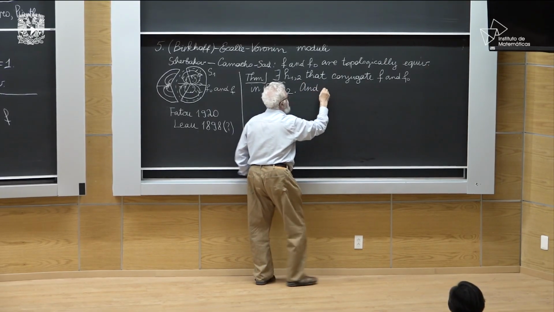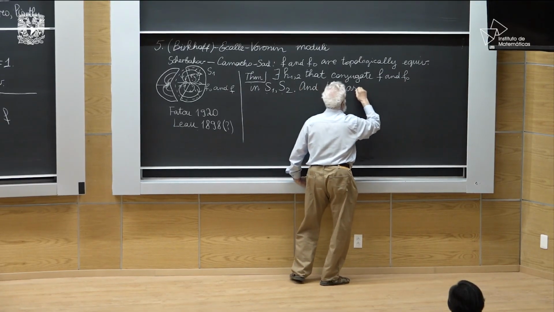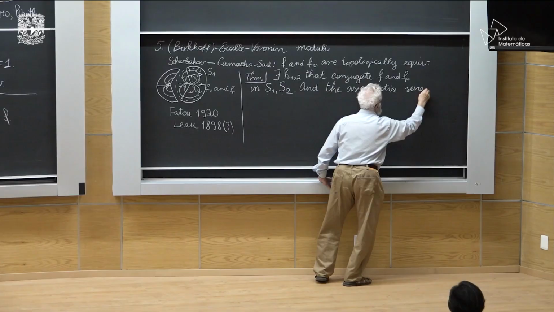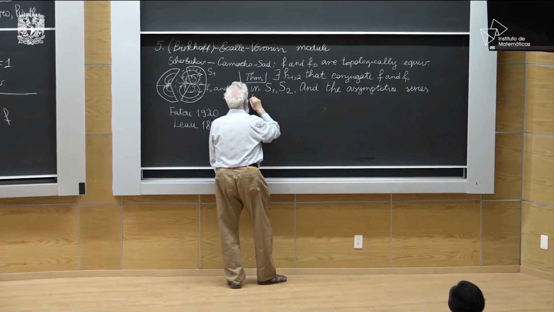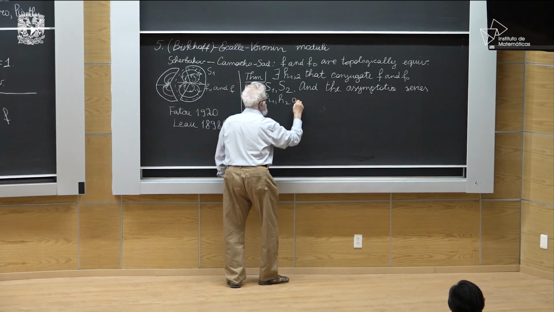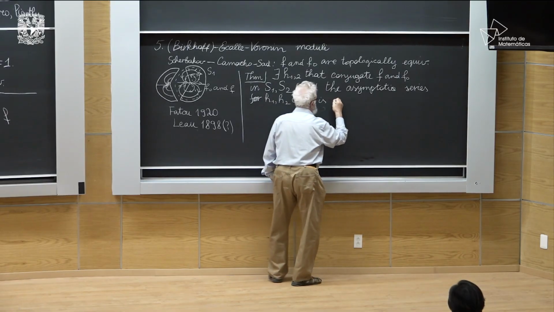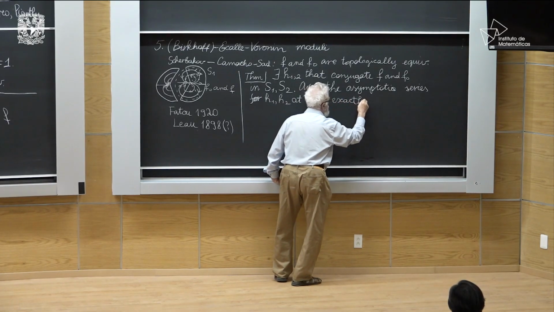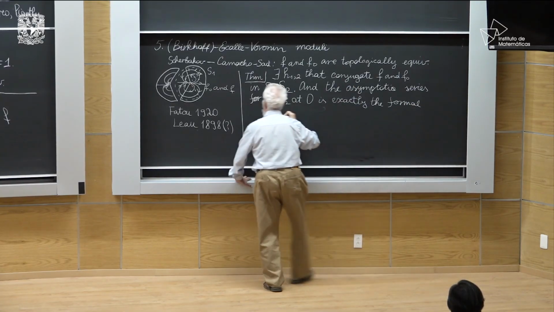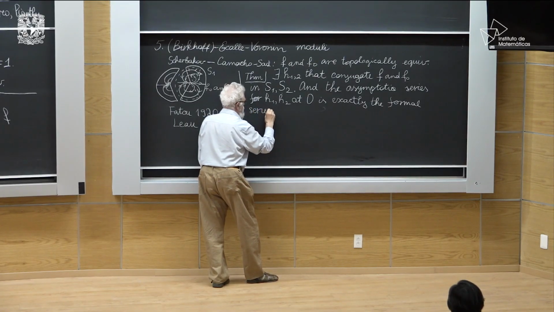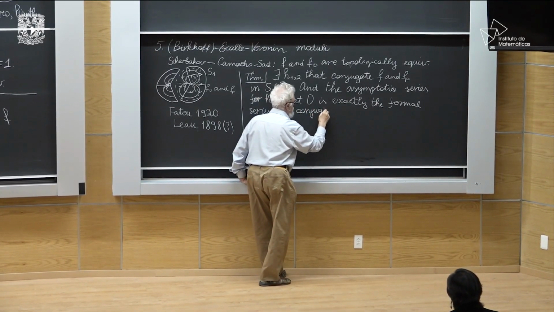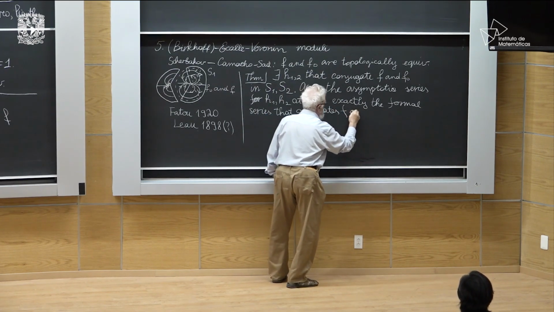And the asymptotic series for H1 and H2 at 0 is exactly the formal Taylor series, the formal series that conjugates F and F0.